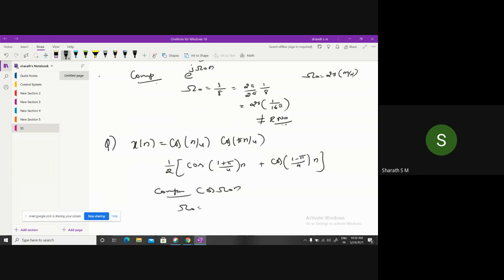What's the value of omega naught? 1 plus pi by 4. So omega naught is equal to 1 by 4 plus pi by 4. Is it a rational number? 1 by 4 plus pi by 4 is not a rational number. So it's a non-periodic signal.